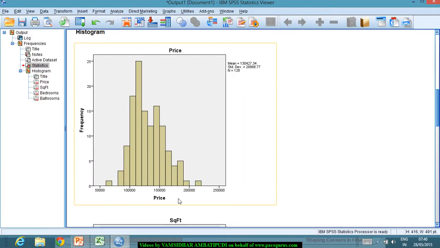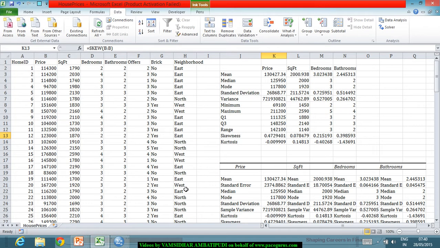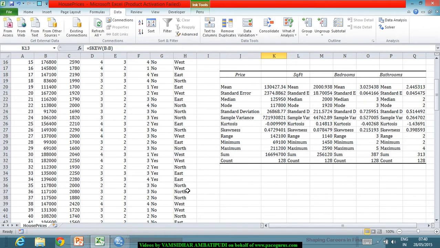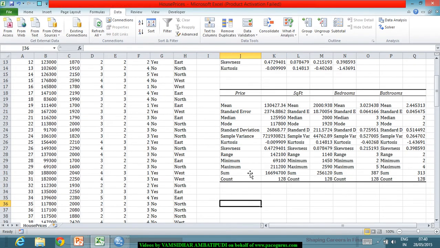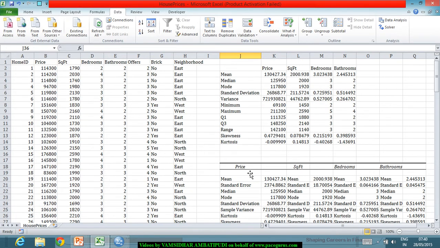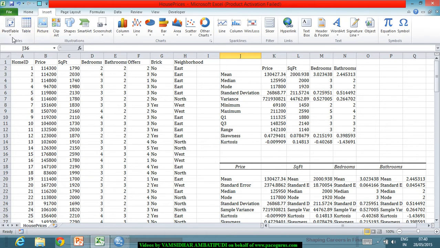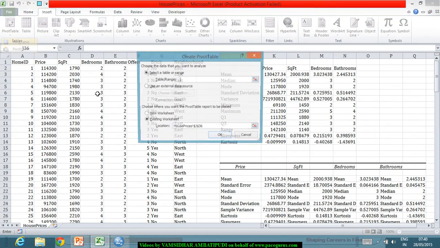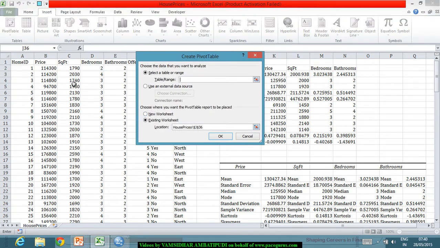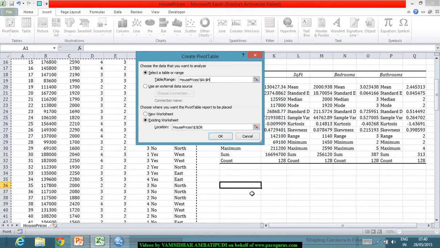Probably in the Excel spreadsheet also, if I have to go with the histogram, I'll try out one of them. What we can very well do is insert a pivot table for this entire range.